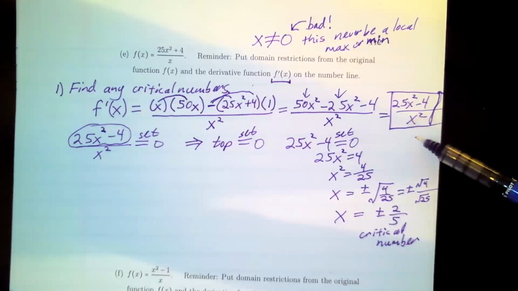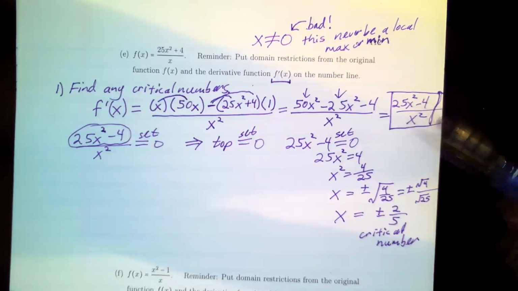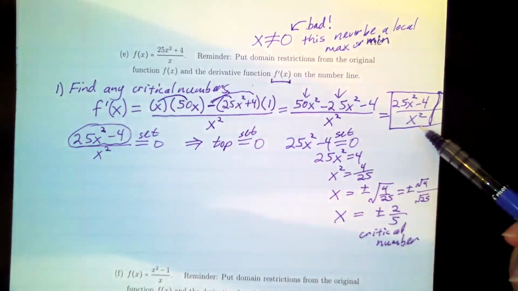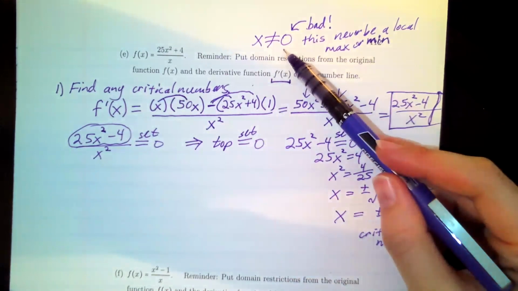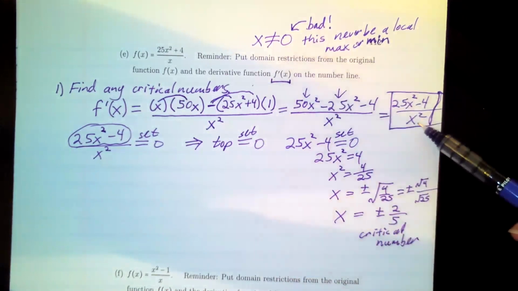And what is the offending x value? It's still x is 0. So for the derivative function here, x equals 0 is still a problem. There is not any other different x value that becomes a problem after I've taken the derivative. The value of x that was bad is still bad, and there's not any new ones. So since there's no new bad x values, I have no other critical numbers.